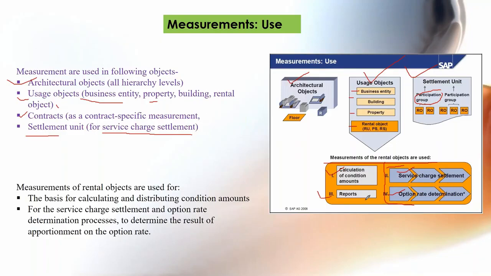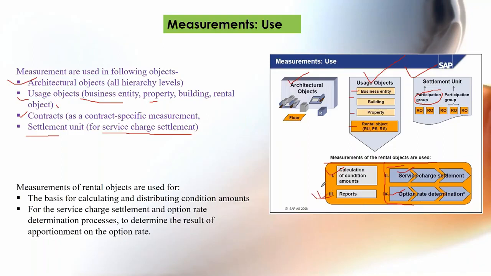For example, you have an apartment, a building, and let's say one flat at each floor, and we have 5 floors. One flat area is 1000 square feet. So total is 5000 square feet area I have. So if I'm defining the measurement, in the report at building level, I can see how much is the area which I can rent out or which is available as of now.